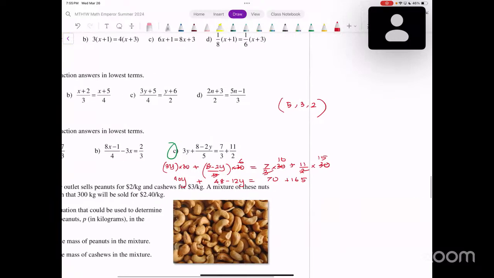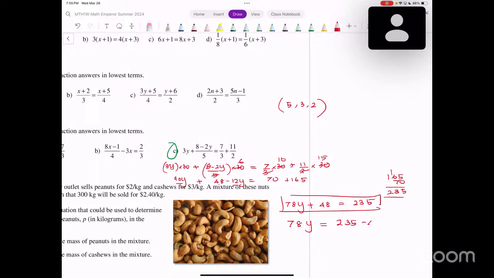We have to simplify both sides. So 90y take away 12y is 78y, plus 48 is 235. I'm not really worried about how you guys do after that because you are experts on that. You can subtract 48 from both sides, so I can skip the step. 235 take away 48 is 187.